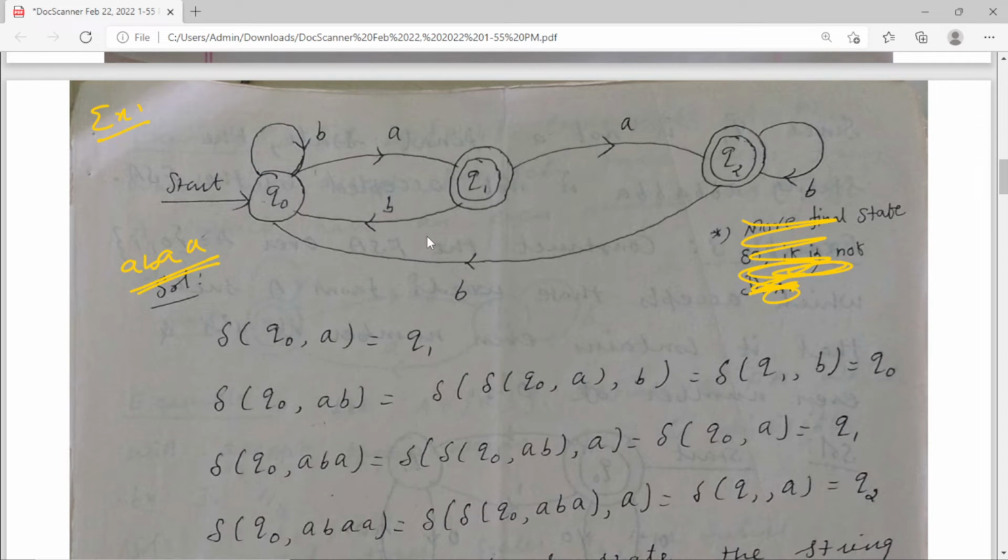I will explain in detail how the transition function works by taking the input symbols and how it moves on to the next state.